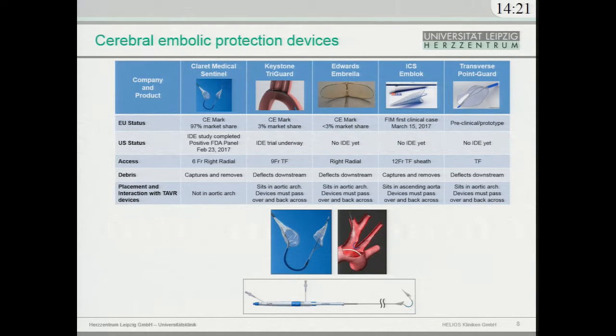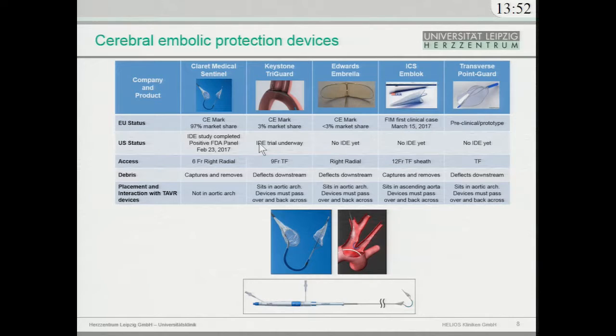Now, in order to prevent strokes in these patients, many different devices have been developed or are presently under development. The well-known device is the Claret Medical or Sentinel device, which consists of these two filters. This device actually captures the foreign material and removes it effectively from the circulation.